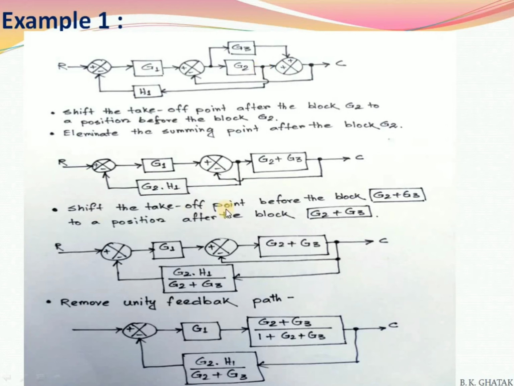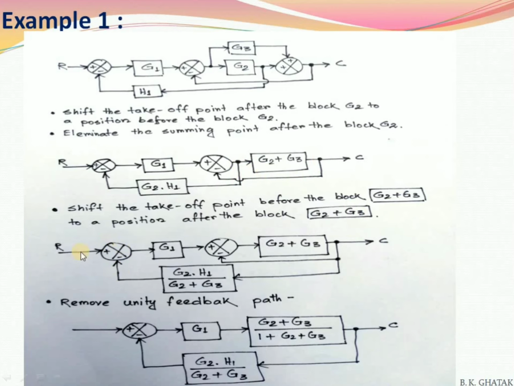Now shift the takeoff point before the block G2 plus G3 to the position after the block G2 plus G3. So we have to shift this takeoff point from this position to here.